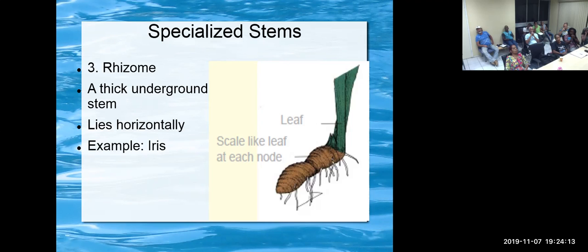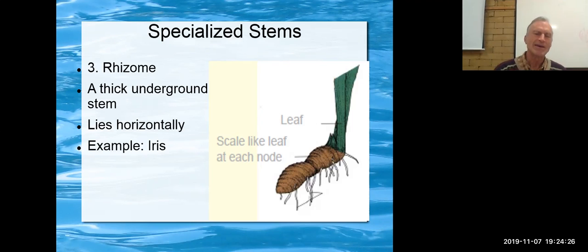So you can break these apart and replant them, is that right? Yeah, yeah. Ginger, turmeric, would those be examples as well? Oh, yeah. Yeah, they would be rhizomes. Good.